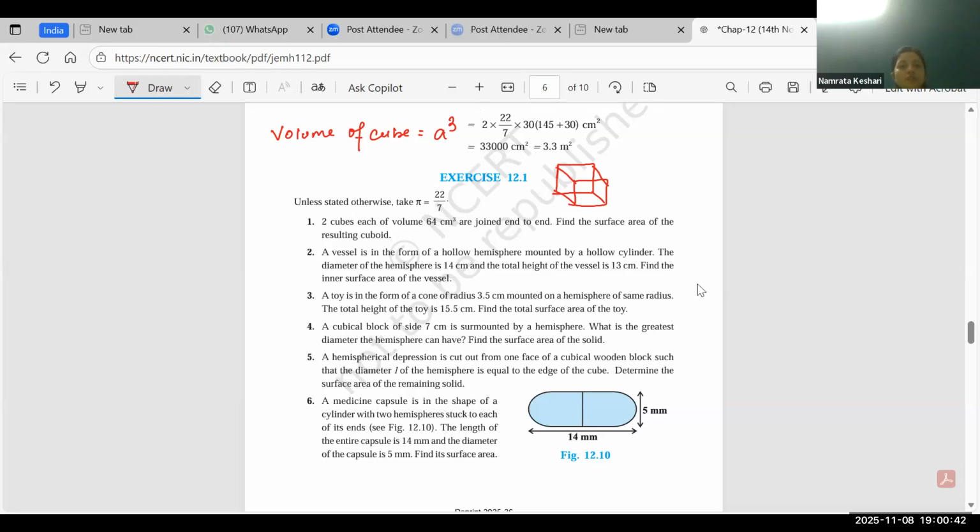Find the surface area of the resulting solid. Two cubes of volume 64 centimeter cube are joined end to end. Okay, just like this. Let me take a different color.